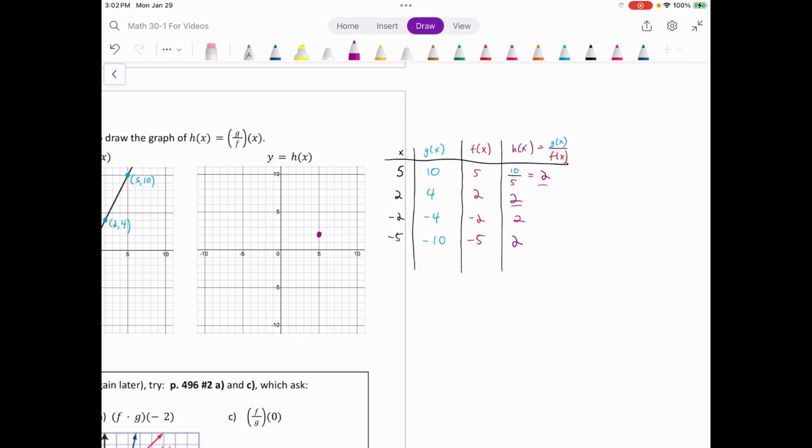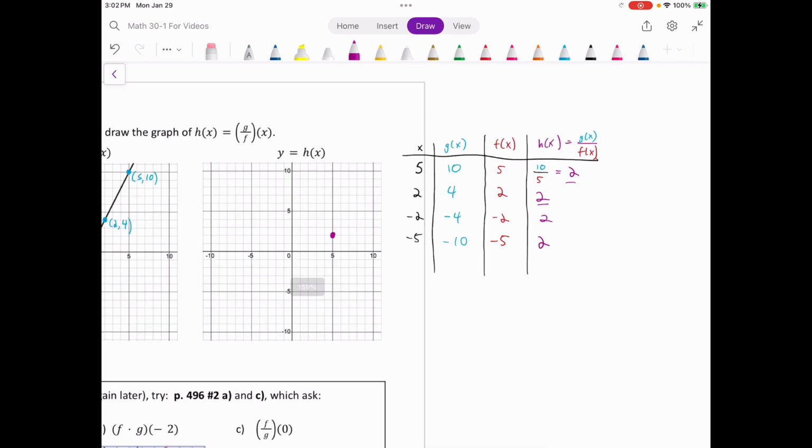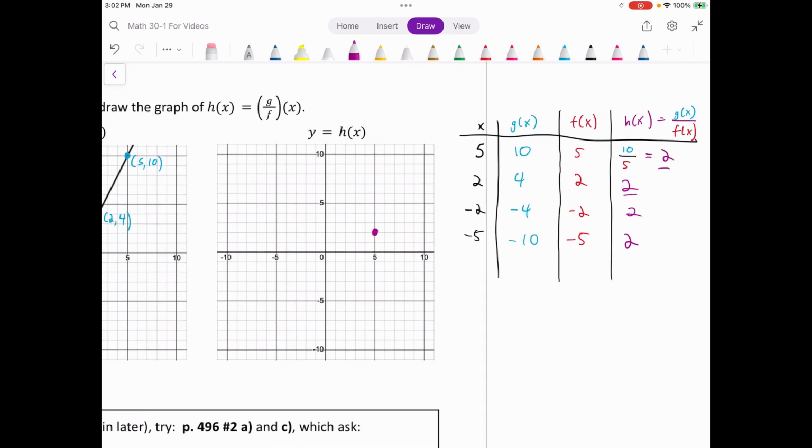You can kind of see this is actually just a constant function. This is just going to be h of x equals 2. Looks like no matter where we look, g of x is just twice as big as f of x. So g of x over f of x is always just going to be 2, right? We found that when x was 10, y was 2. When x was -5, y was 2. When x was -10, y was 2 for h of x.